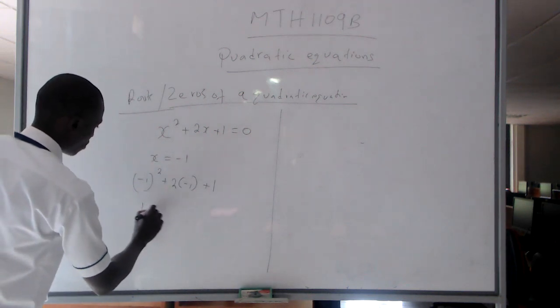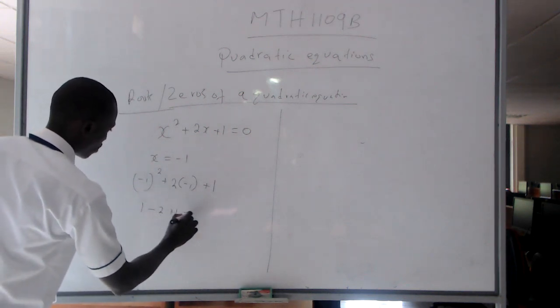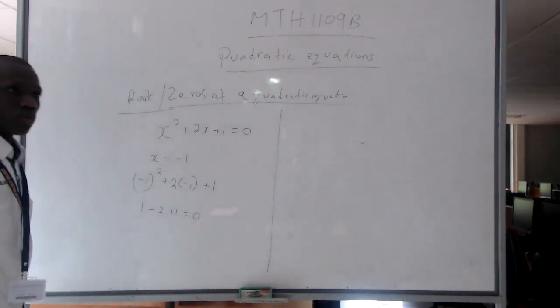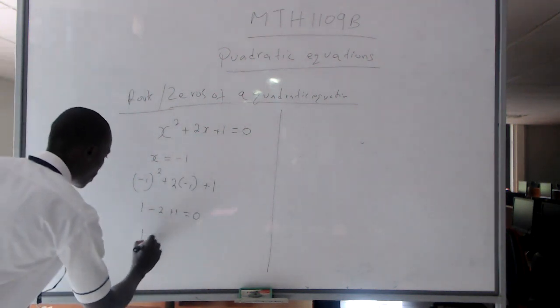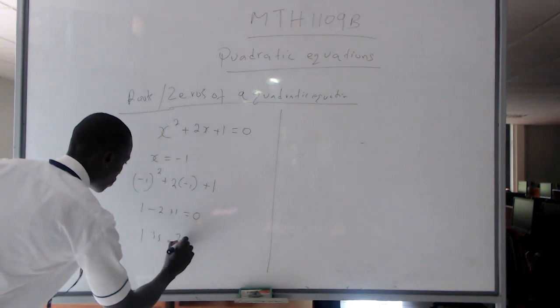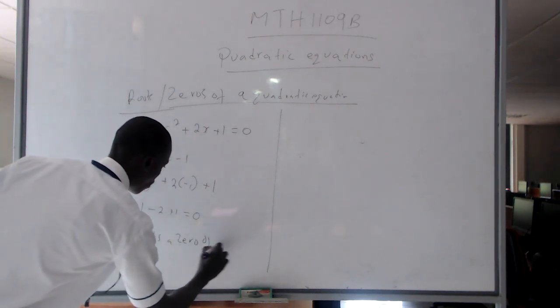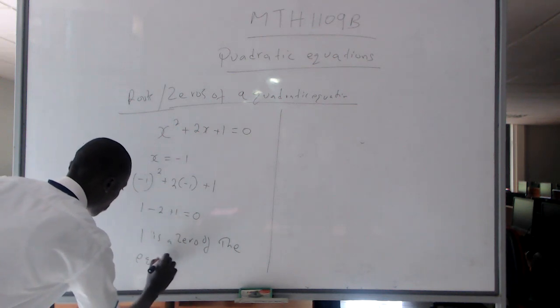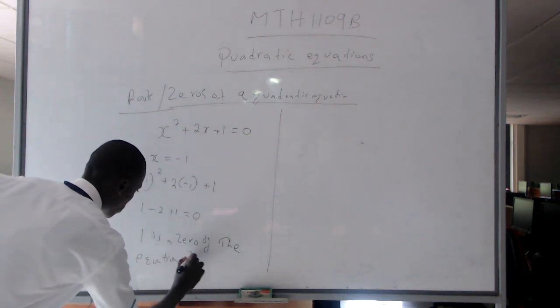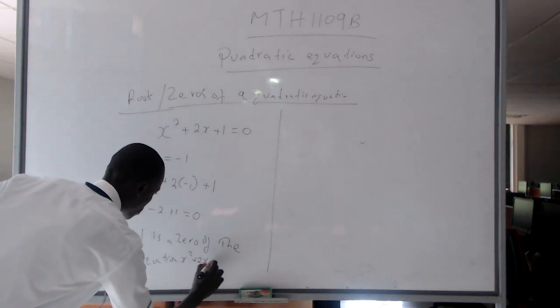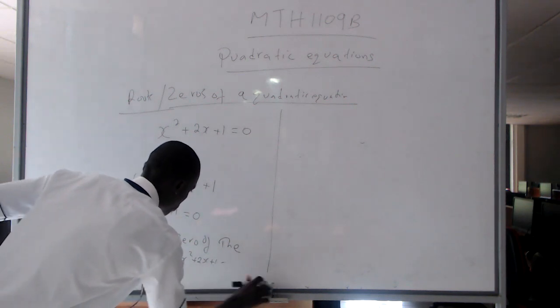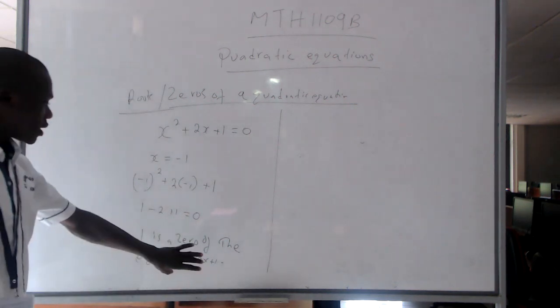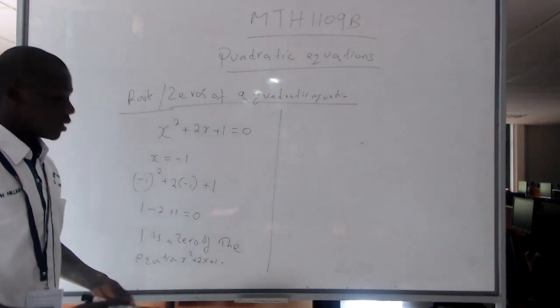This gives you 1 minus 2 plus 1, which is effectively 0. So we will say that -1 is a 0 of the equation x squared plus 2x plus 1, because if you plug it into this equation, you obtain a 0.